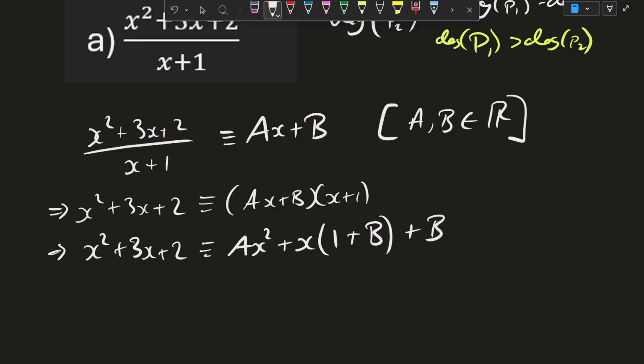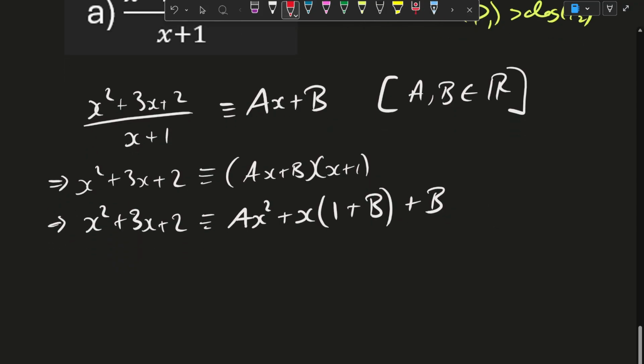Now note that these expressions are equal if and only if every single coefficient matches up. So what I'm going to do is compare the coefficients for the x squareds. If we have an x squared on the left hand side, we must have an equivalent x squared on the right hand side. So if x squared is ax squared, that's true if and only if a equals 1.